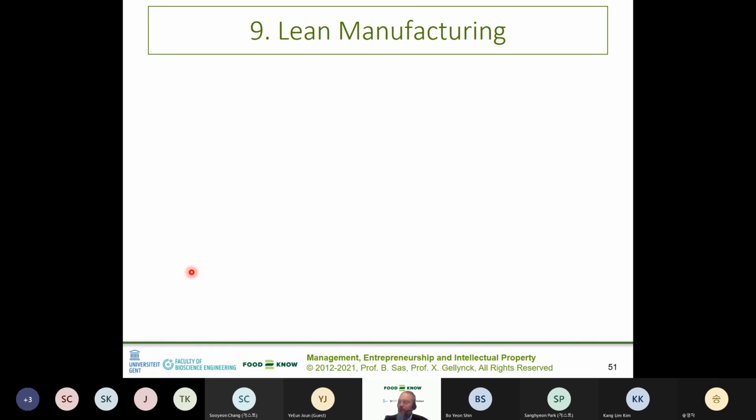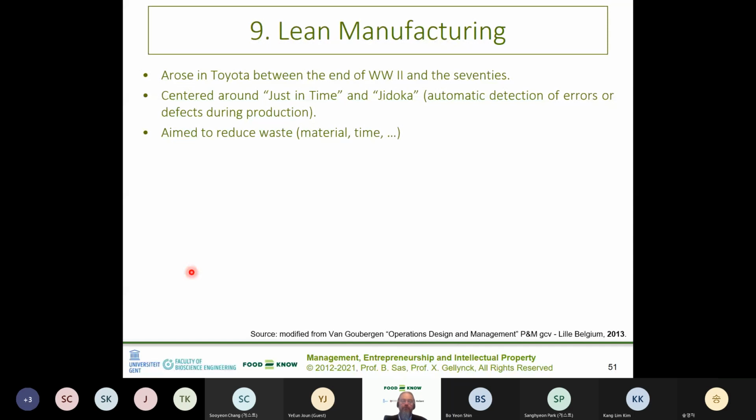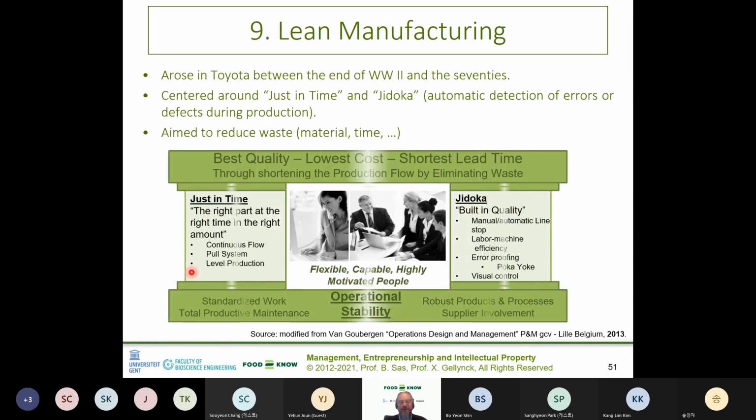It's also an area of academic study of operations management, like lean manufacturing. This came from Toyota. It's an extension of this just-in-time system, and also aims to reduce waste.